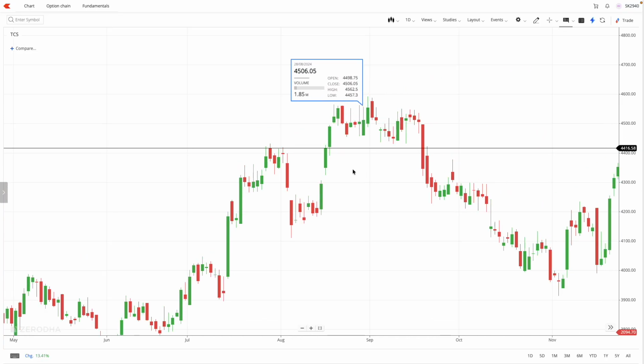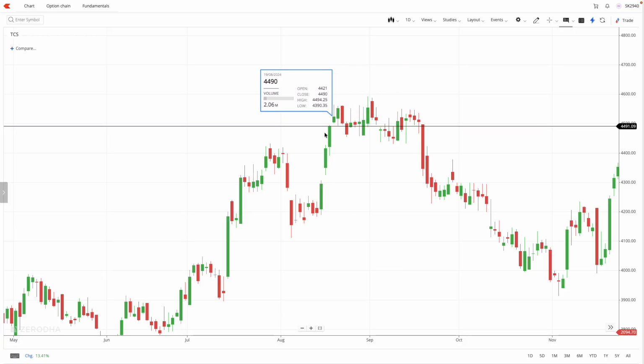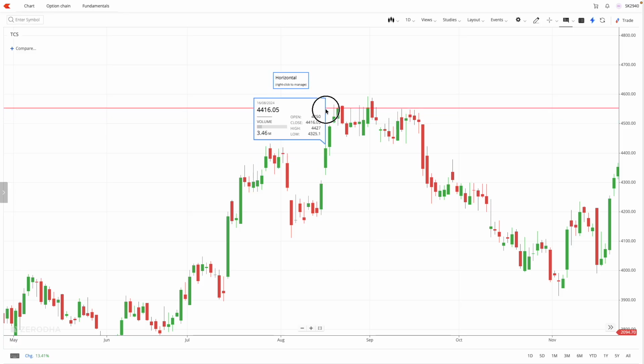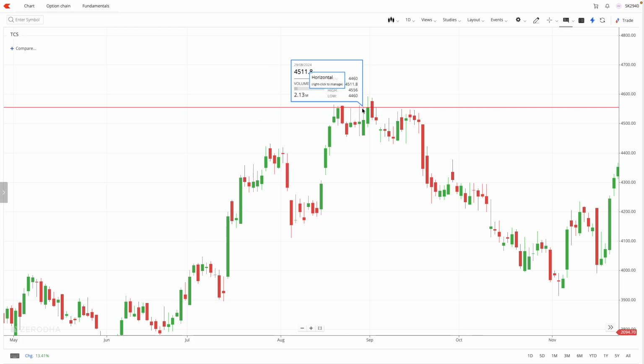There was a highest high here on the day of signal. The next day it closed here. So another high, another high. There is this high, 4553, 4551. So this is the highest high, 4553.